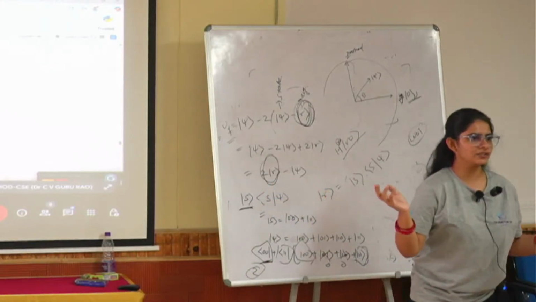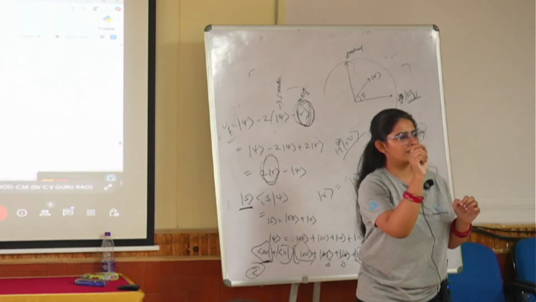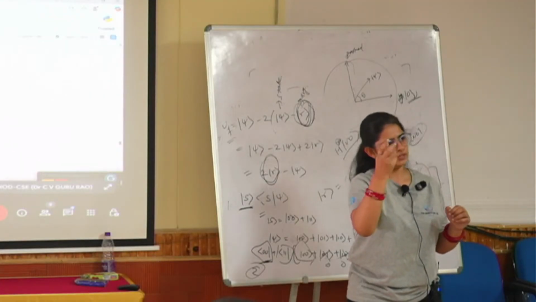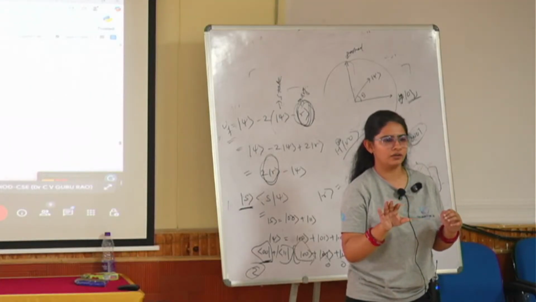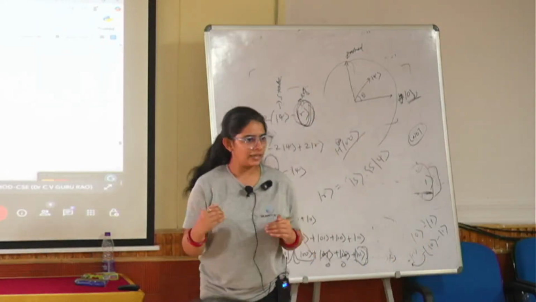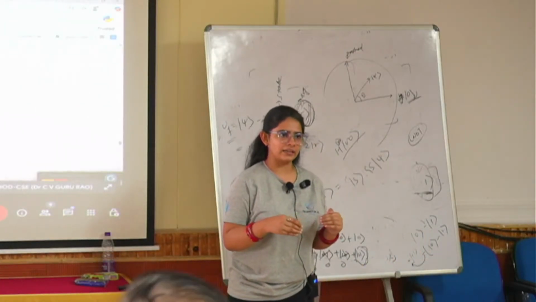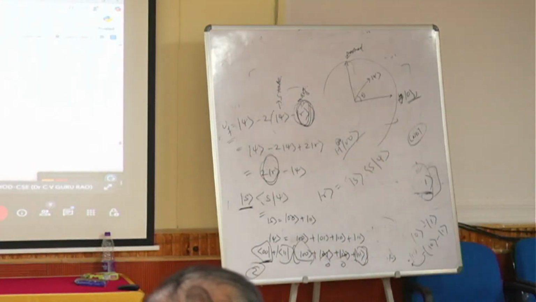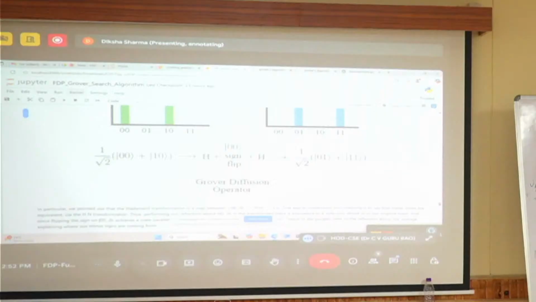So in this case, we just marked the state in which we are interested in negative, and put that into the diffusion operator. That negative state will be flipped higher compared to the others. So this is just a basic representation of what we did over here.